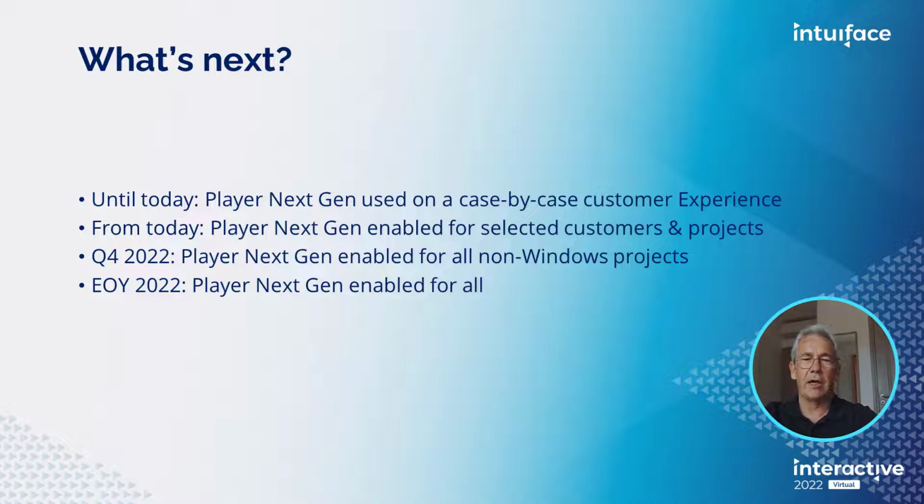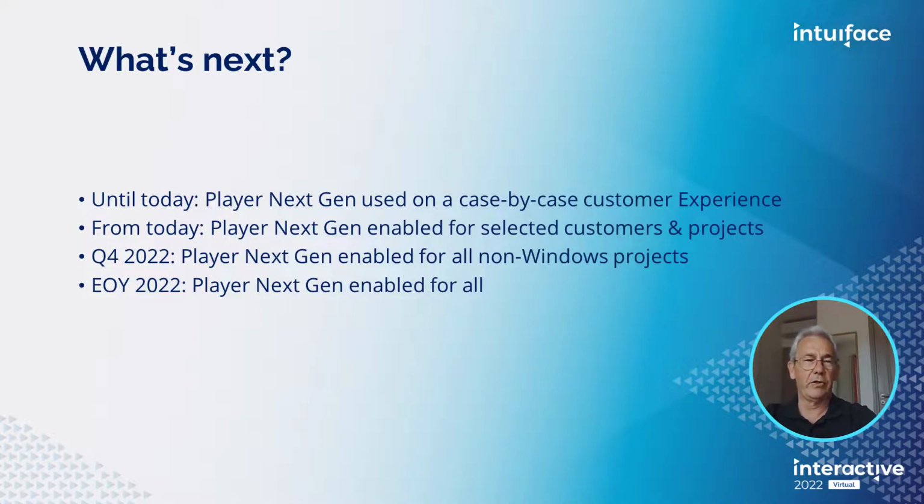Starting this week, we are going to select a set of customers to let them use entirely the Player NextGen as it is now. So if you believe you absolutely need some of the Player NextGen capabilities, for example, if you have a web project, please send an email or call your favorite interface sales rep, and we'll go from there.